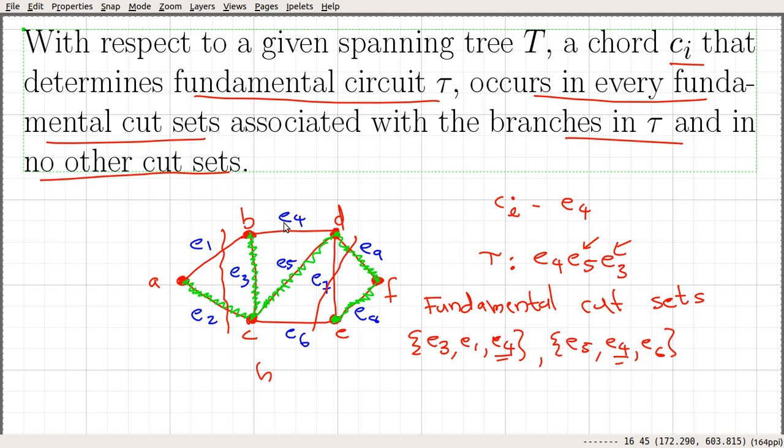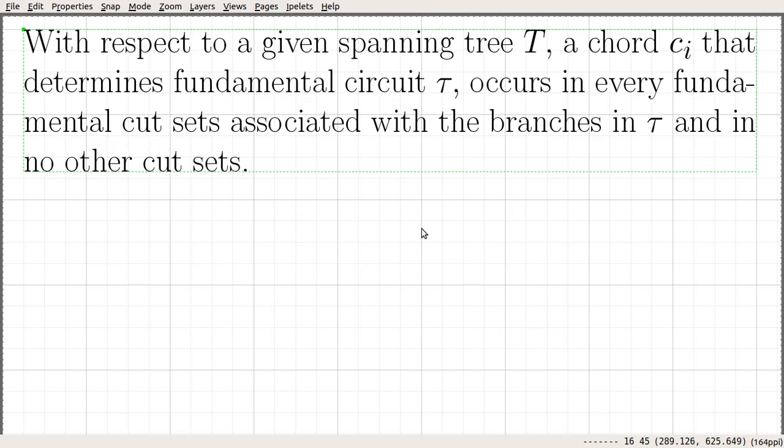We can see that E4 is not there. So it will only occur in fundamental cut sets with E3 and E5. Another one is with respect to E8, and that cut set is this. We can see that E4 is not there. So it seems like the statement is true.